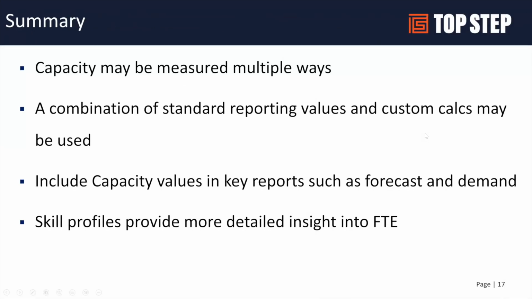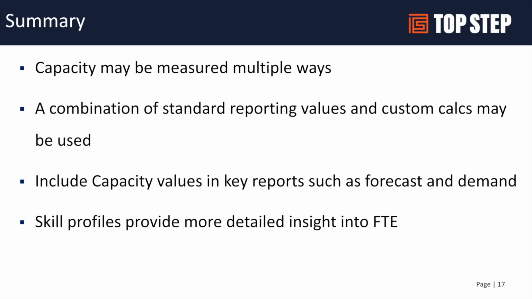So in summary, there are lots of different ways to get at capacity. You may use one of these or all of these. They all complement each other, and they all have their good business cases. You can use a combination of standard report values and custom calcs as well, depending on what you're trying to get.